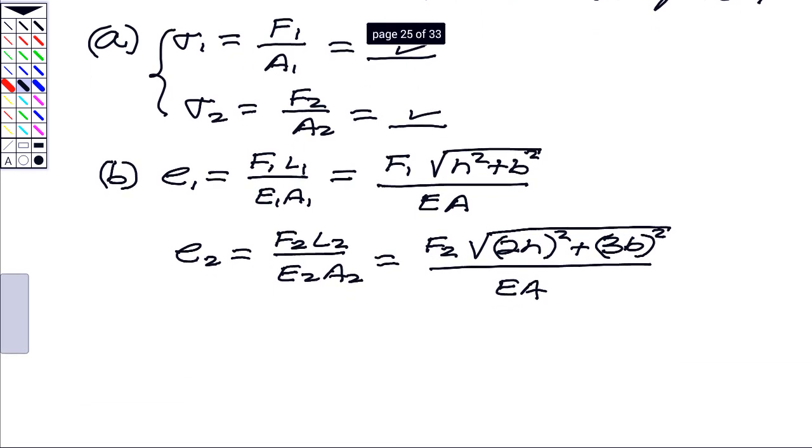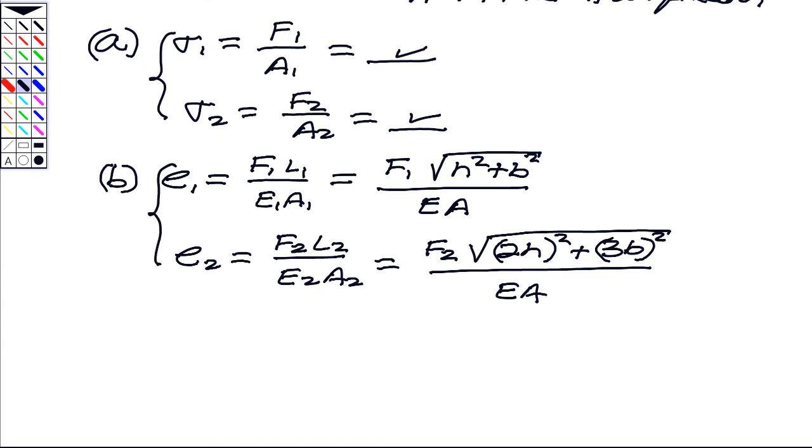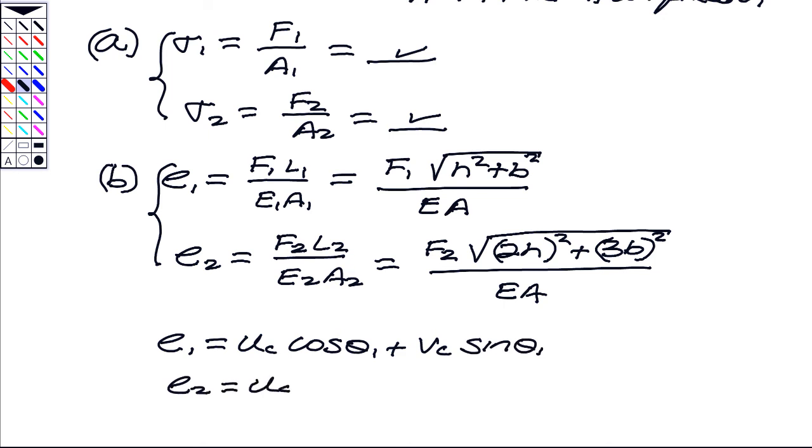In order to get displacements out of there, we need to be able to relate elongations back to displacements. We're going to use our elongation displacement equations here of e1 is equal to the displacement of joint C, UC cosine of theta 1 plus VC sine theta 1. e2 is UC cosine theta 2 plus VC sine theta 2.